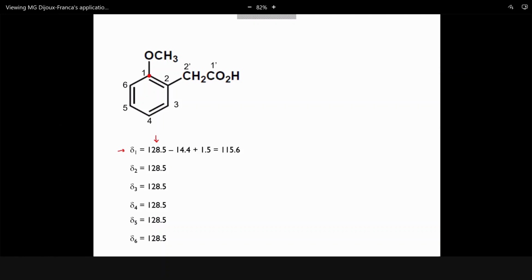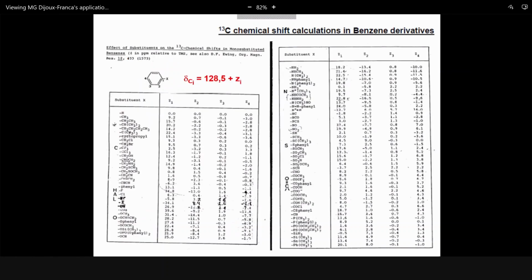So here on position 1, if I go back to the table, I have OCH3 on carbon 1. That means there is a mistake in my slide. I should add 31.5.